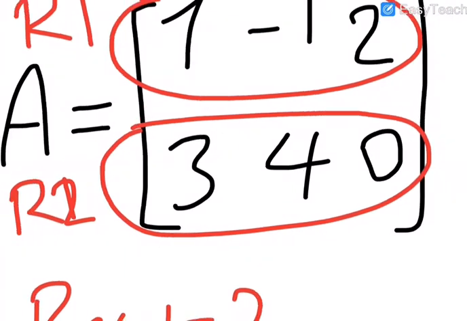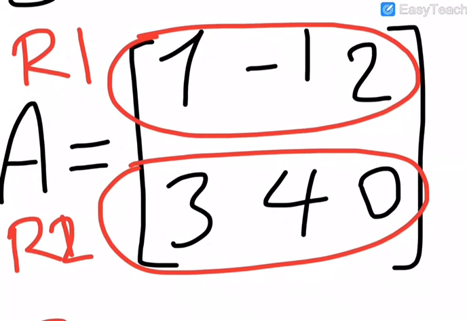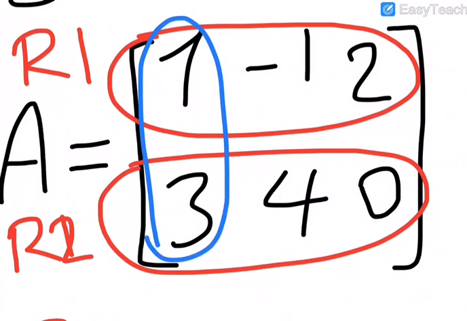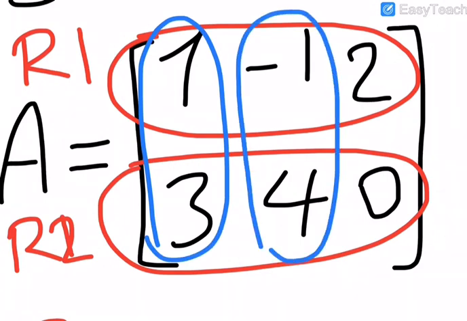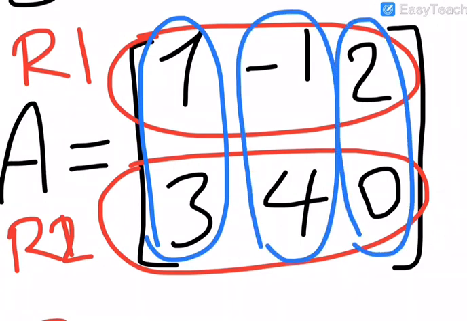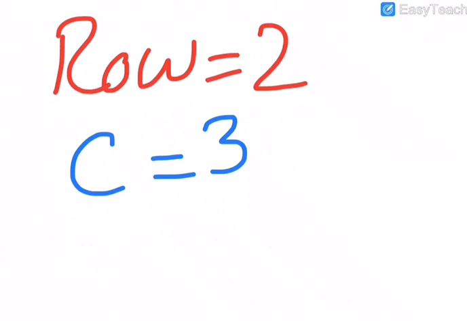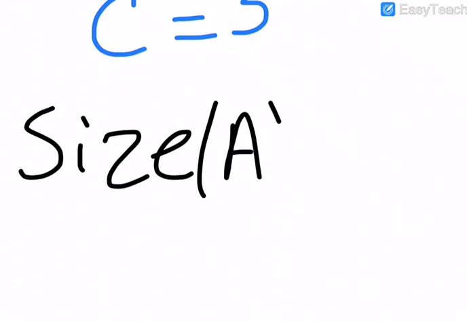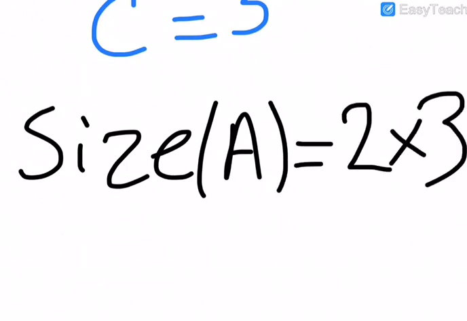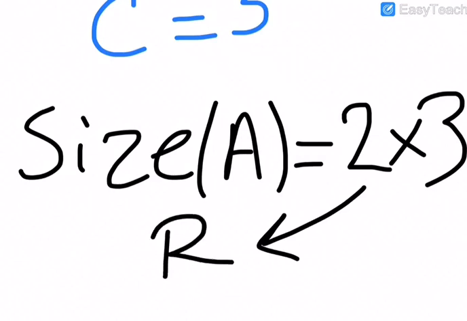How many columns does it have? What is a column? A column is a vertical arrangement of numbers. This has 3 columns. So we say that the size of matrix A is equal to 2 by 3, where 2 means the number of rows, and 3 means the number of columns.